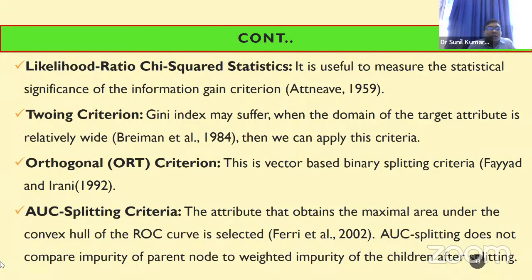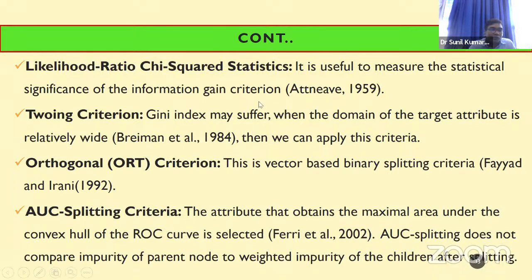A few other splitting criteria are there, that is the likelihood ratio, which we call chi square statistics. It was explored in 1959. Another criterion is the Twoing criterion. It is used when the Gini value suffers, I mean, the Gini index is not able to take the appropriate decision to construct the decision tree.